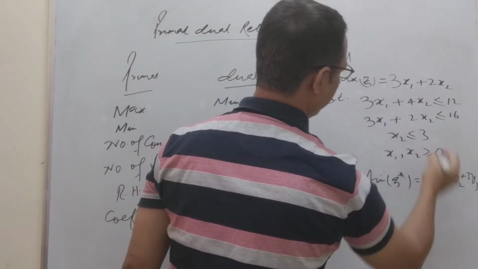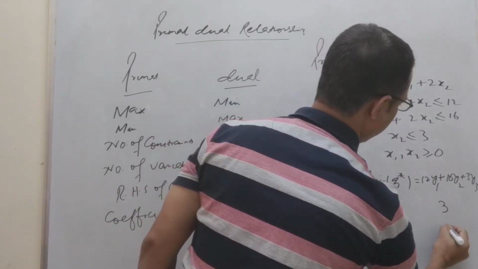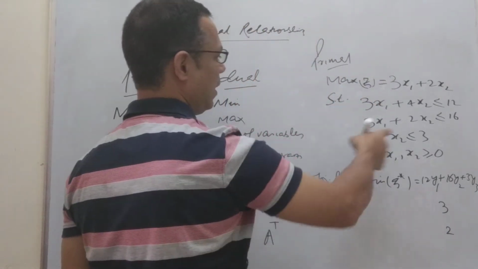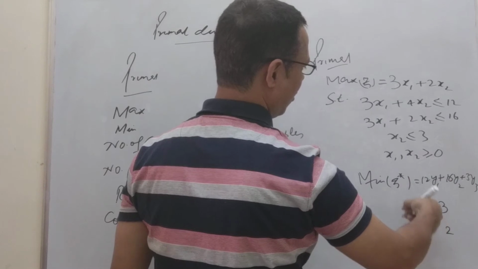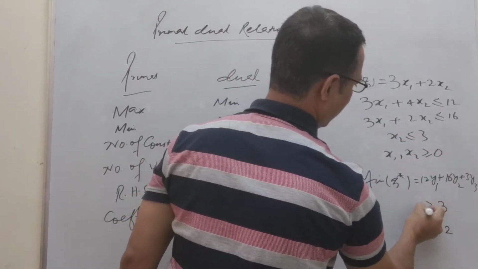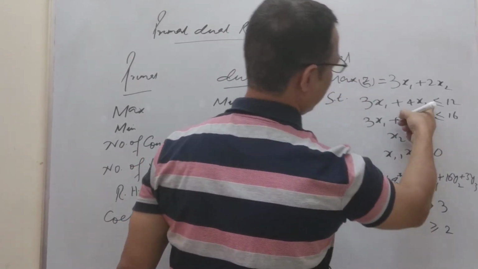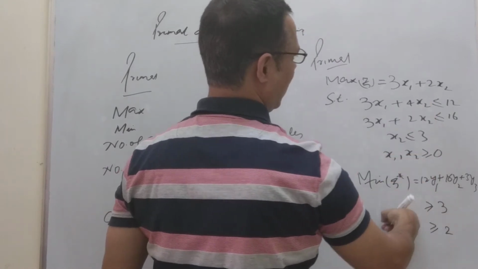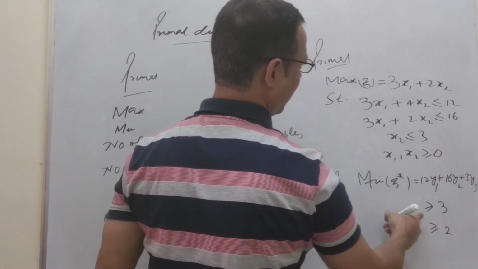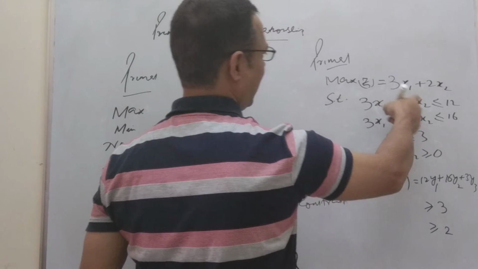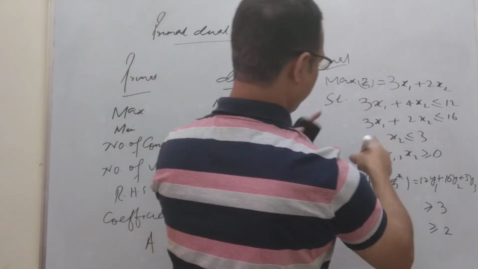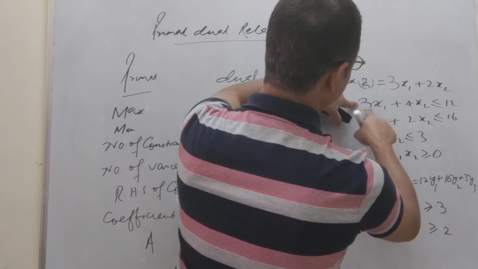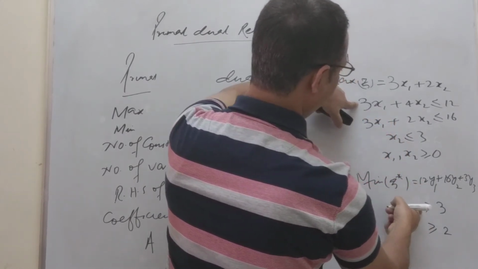So the coefficients of the objective function, 3 and 2, are going to change to the right hand side of the constraints, and the inequality sign is going to change from less than equal to greater than equal to, and matrix A is going to change into A transpose. It means whatever the coefficients of x1 are, we first need to write in the first constraint.